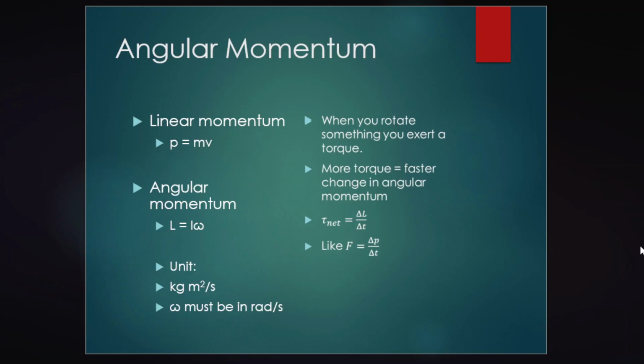So when you rotate something and exert a torque on it, the more torque you apply, the faster the change in angular momentum. So your net torque is your change in momentum over change in time, very much like force can be calculated by your change in momentum over time.